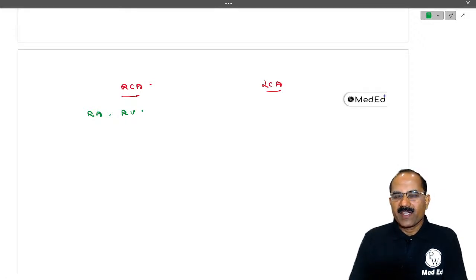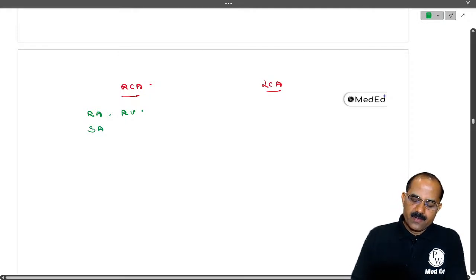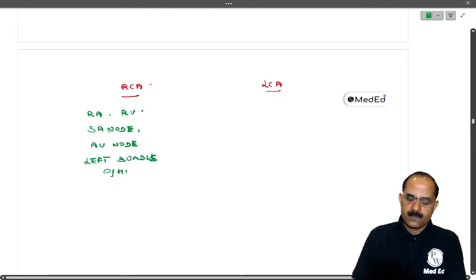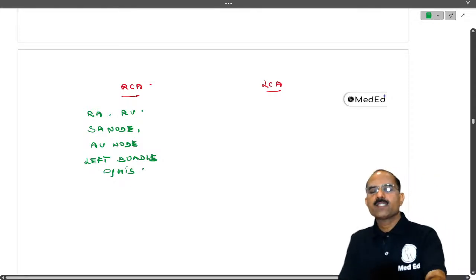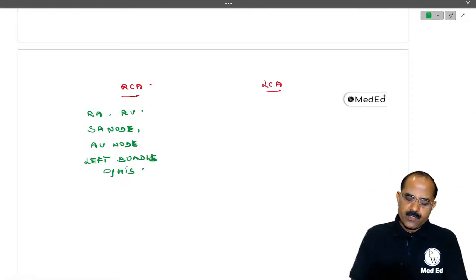Yes, बोलो बच्चों, और क्या सप्लाई करता है? The right coronary artery supplies the right atrium, right ventricle, SA node, AV node, left bundle of His. इसको बोलते हैं left bundle branch.